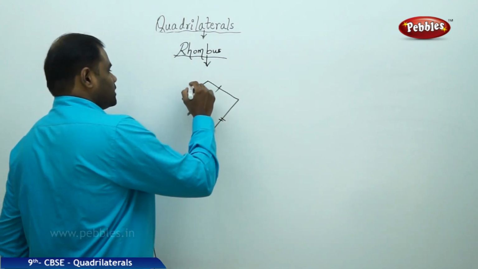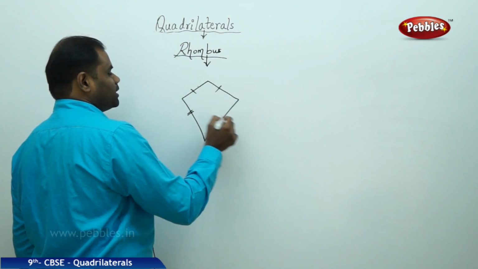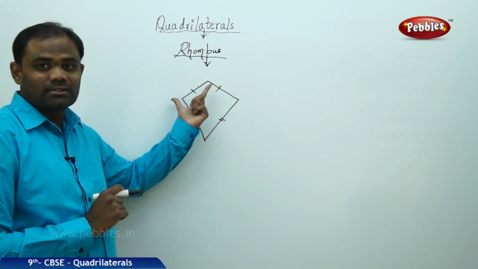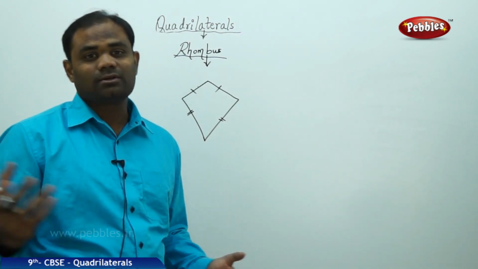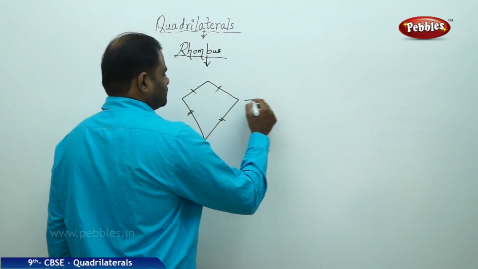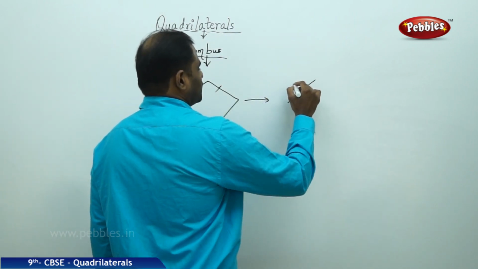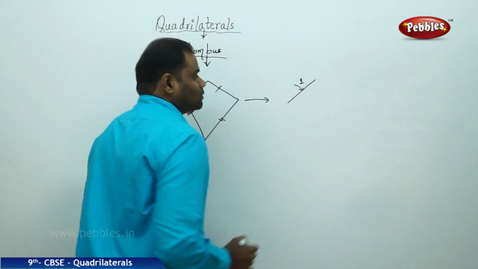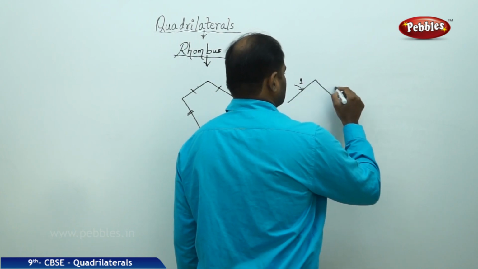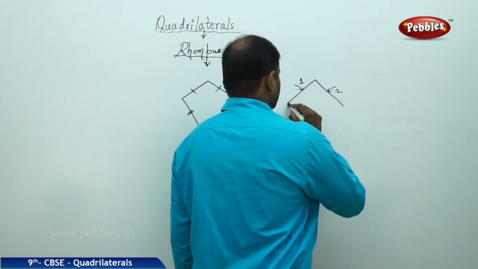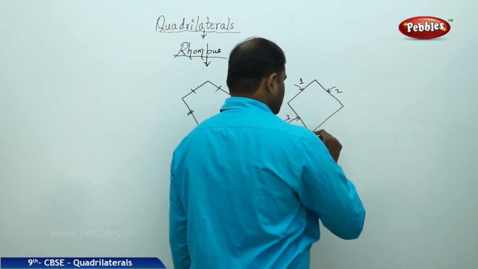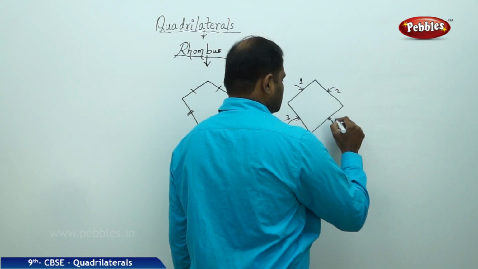In this case, when I take the lines 1, 2, 3 and 4, I took 2 pairs of equal lengths. What if I take all 4 lines of equal length? That is, if I have line 1, to which line 2 is joined, and another line 3, and another line 4.